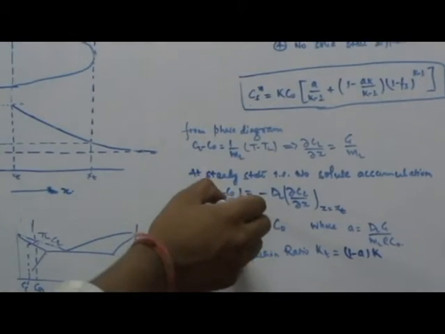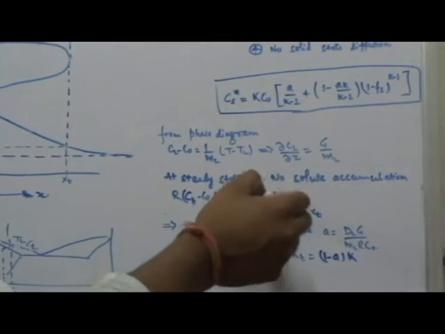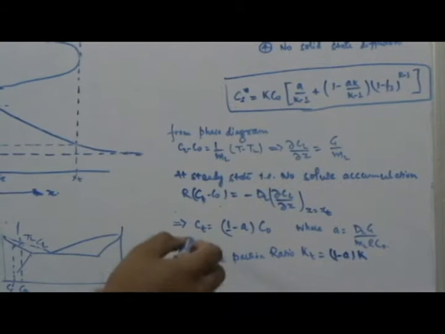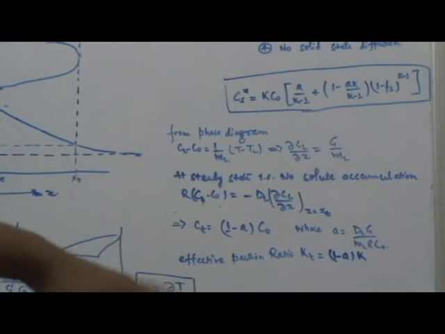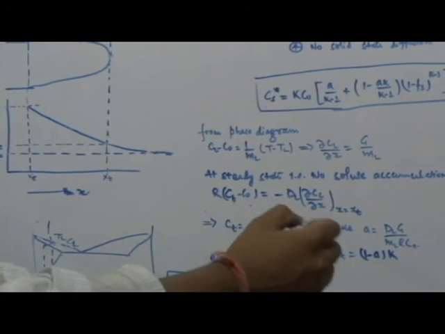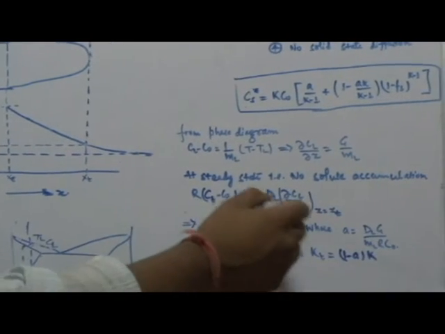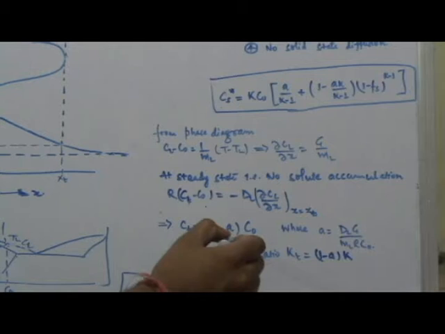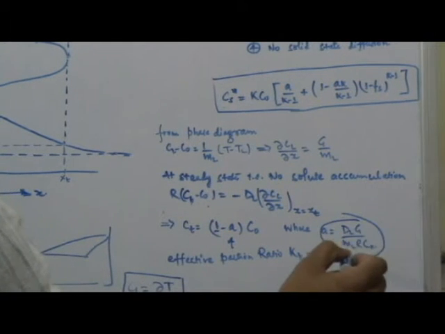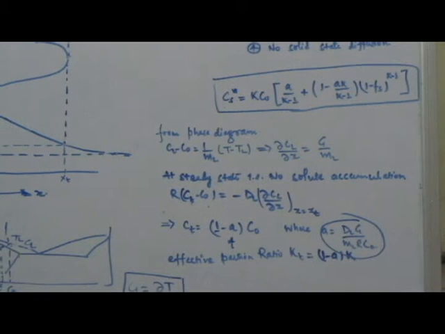So using this relation, as well as the value of del Cl by del x from the earlier relation, we obtain this Cl to be equal to 1 minus A times C naught. From this we get the relation where we use this parameter A, and the value of this parameter turns out to be D L G by m L R C naught.